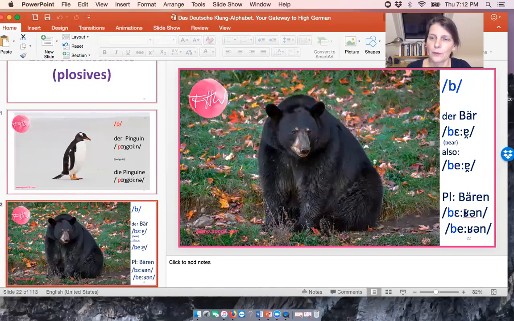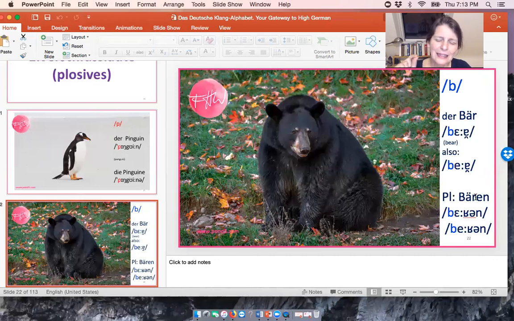Der Bär. And when you form the plural, the R suddenly becomes the beginning of the next syllable.